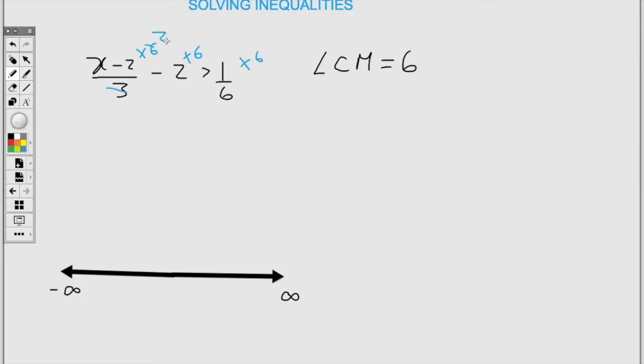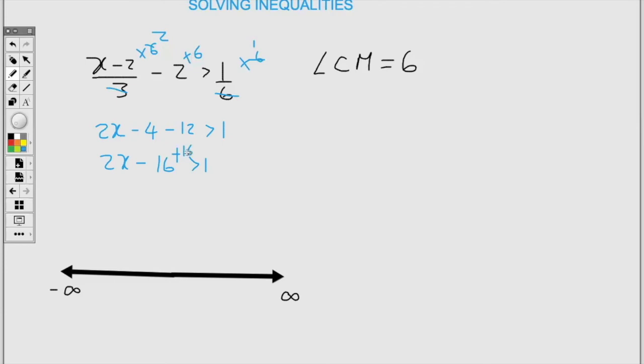Now simplifying, 3 into 6 goes 2 times, 6 into 6 goes 1 time. Then 2 times x is 2x, 2 times minus 2 is minus 4, and 2 sixes, 12, is greater than 1 because the 6s are cancelled. Then minus 4 minus 12 gives us minus 16, it's greater than 1.